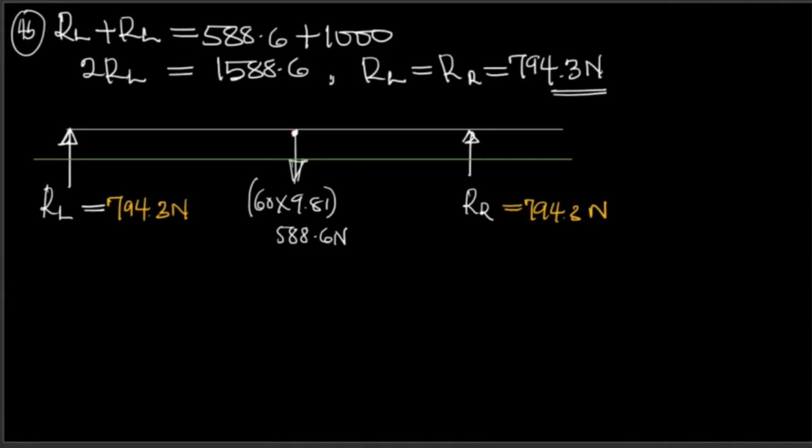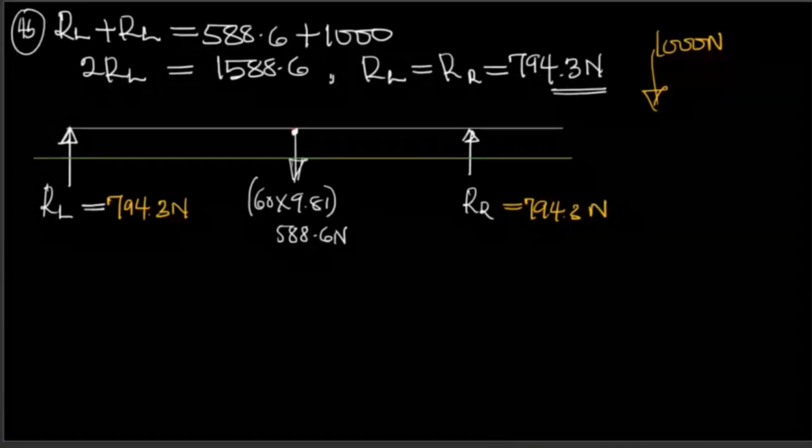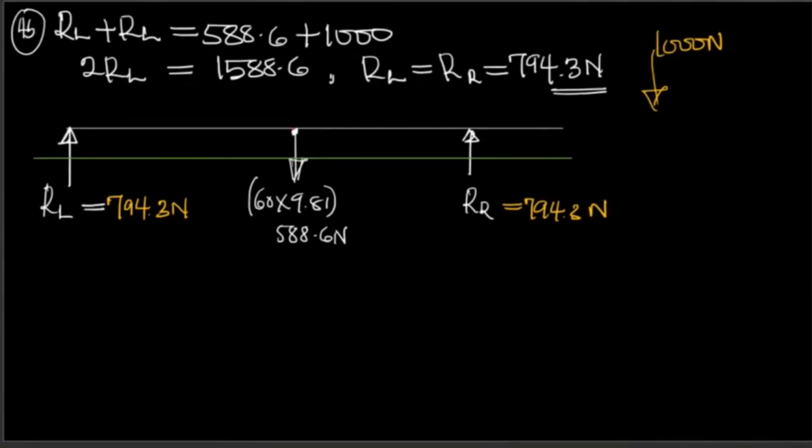Remember we have a load of 1000 newtons, so let's take our moment, the same process. With the distances, they said this is 1 meter from this point, this distance is 2 meters, and this distance here is 3 meters, just to complete the diagram.